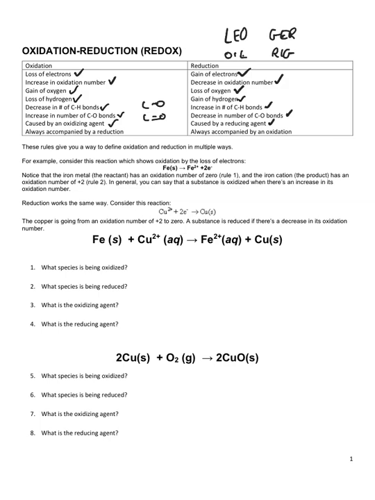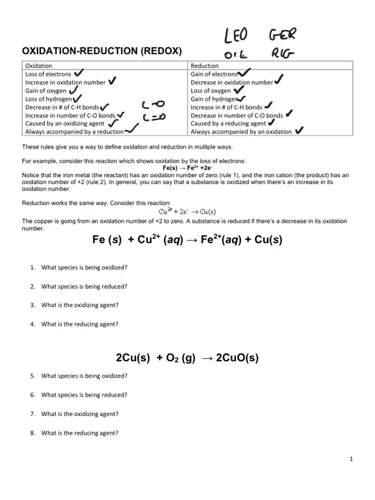As we said at the start, oxidation is always accompanied by a reduction, and a reduction is always accompanied by an oxidation. So these rules give a way to define an oxidation reduction in multiple ways. You use whatever is convenient for you. So for example, let's consider this reaction, which shows a half reaction that shows an oxidation by the loss of electrons.